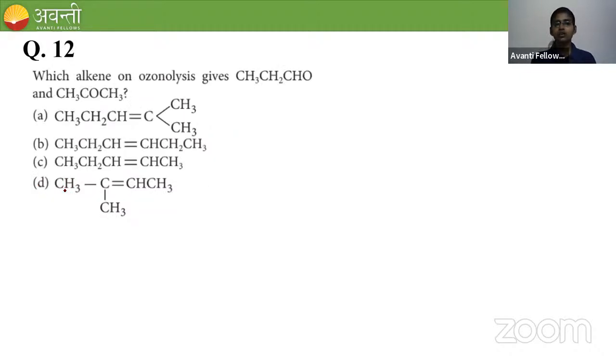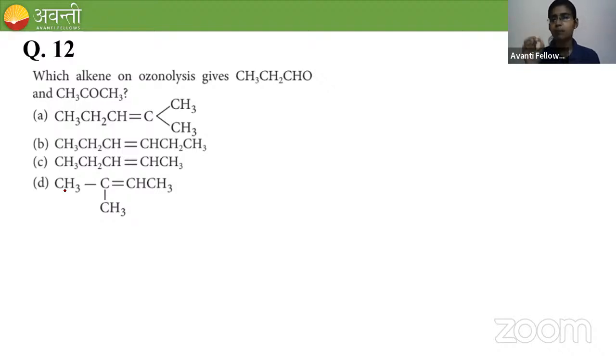Such an easy question. Next, we'll go for question number 12. Which alkene on ozonolysis gives propanal and propanone? You have to find out the reactant from which these two compounds are prepared. How to solve this question?